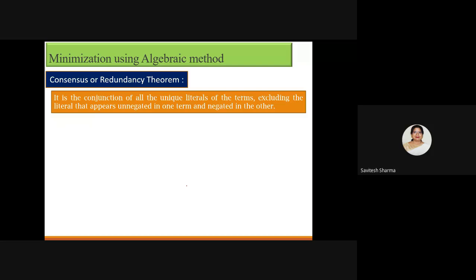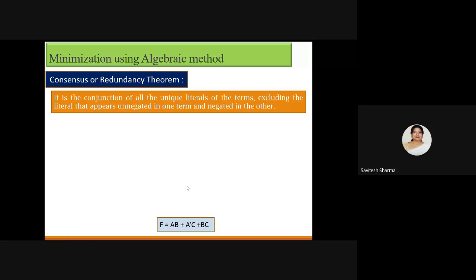You should notice where you are going to apply the redundancy theorem. There are some ways to identify whether the consensus theorem or redundancy theorem is required or not. As I said, this is the example: AB plus A complement C plus BC, if it is a given Boolean expression.